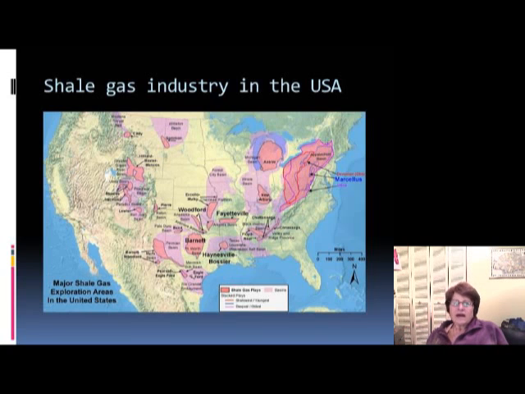And of course, you have all heard about how many bad things happen around oil fracking. For example, in Pennsylvania, the oil layer is not very far away from the groundwater. So when they do the fracking, they can contaminate the groundwater.